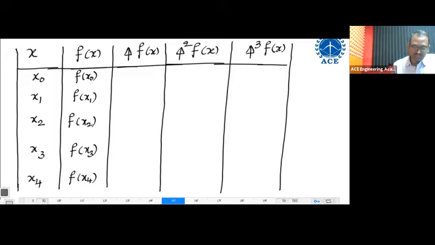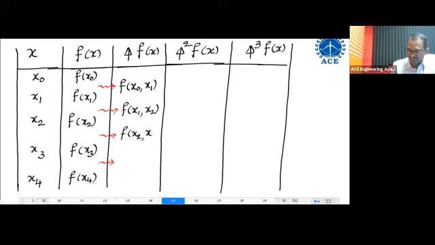Now, you should be very careful. Look, between f of x0 and f of x1, its value should be f of x0 comma x1. Similarly, between f of x1 and f of x2, the first order difference will be f of x1 comma x2. Between f of x2 and f of x3, it will be f of x2 comma x3.